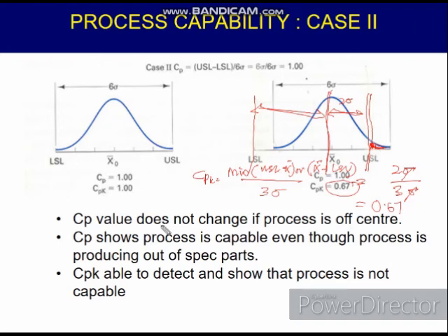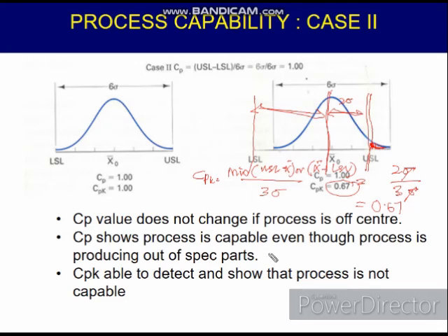So this illustrates that the CP value does not change if the process is off center. If the process is off center or on center, CP will not be able to detect it. CP shows the process is capable even though the process is producing out of spec parts. CP equal to 1 indicates that the process is capable even though some of the parts produced are actually out of spec and need to be rejected.